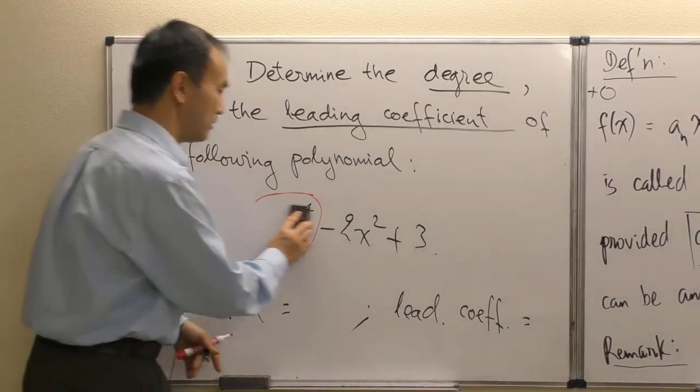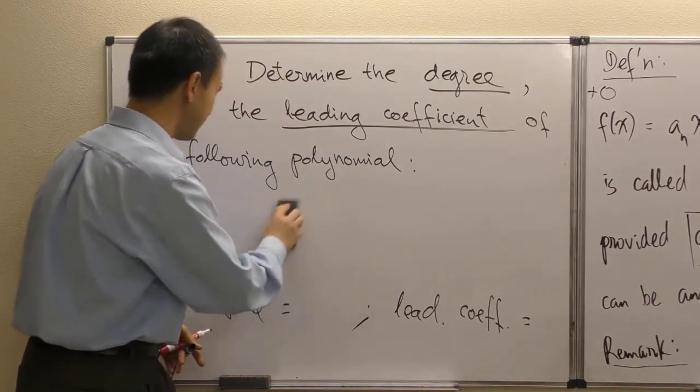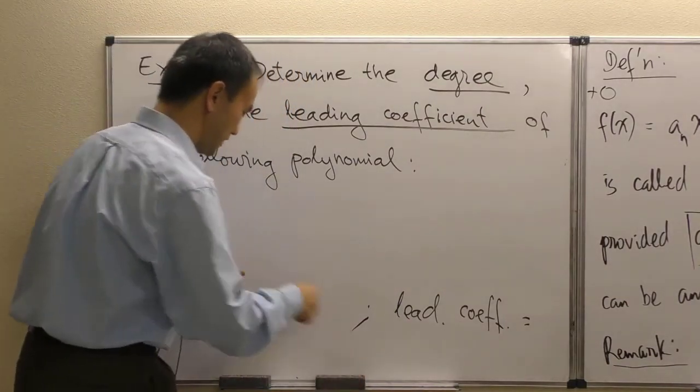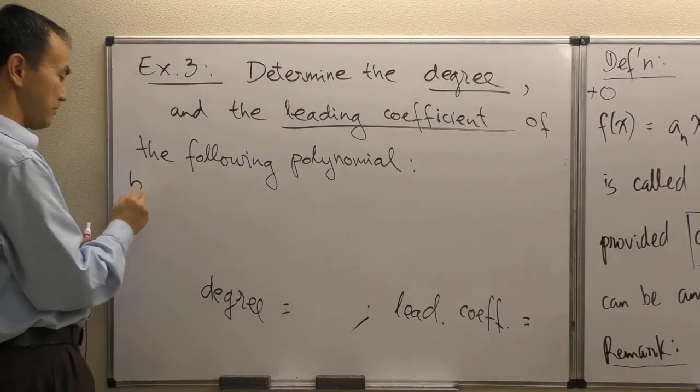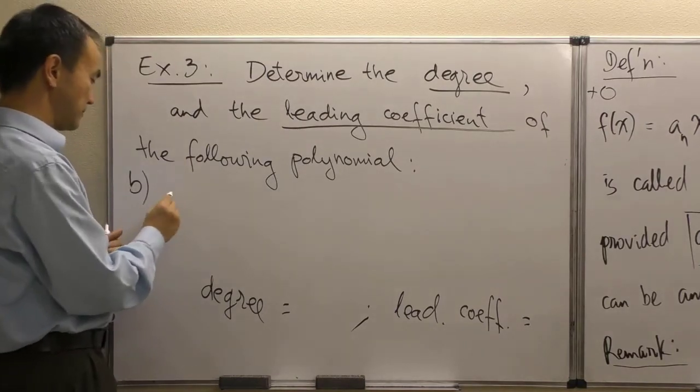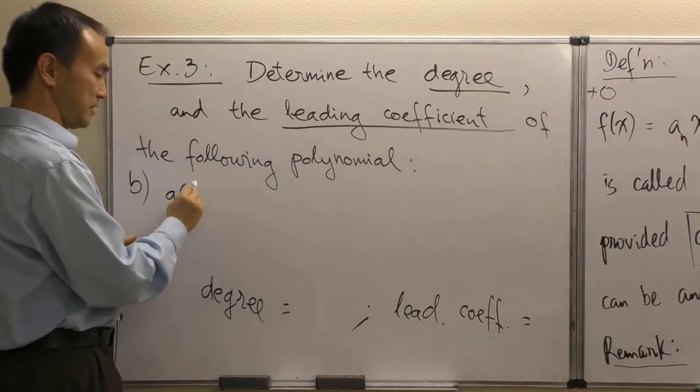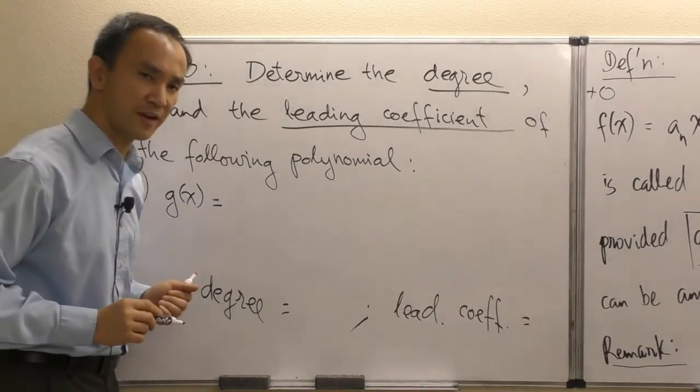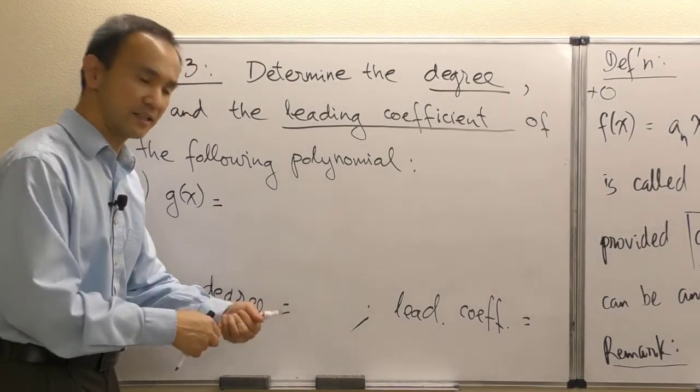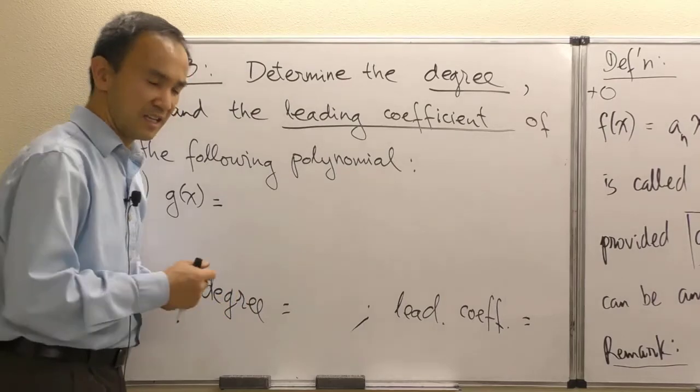Let's look at now part B. How about we look at g of x. I'm getting really tired of using f of x the whole time, so we can name our function differently, even though it's still a polynomial.